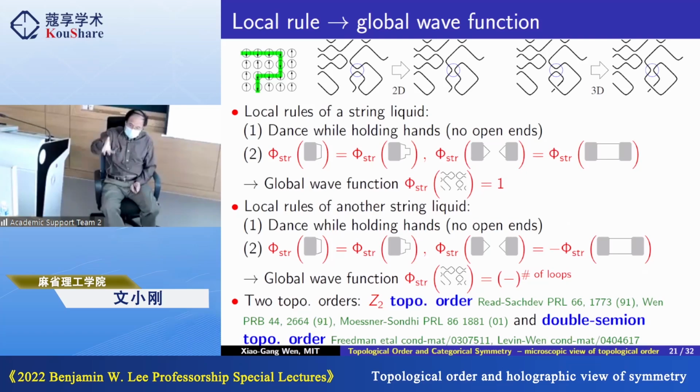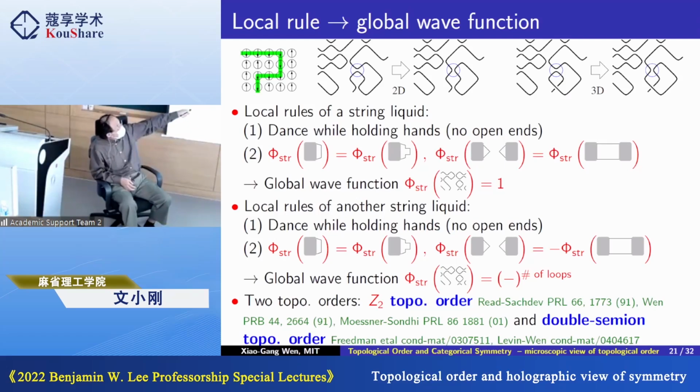This kind of fluctuation has no frustration, in the sense that when you reconnect, if you look at the picture, the number of strings changes by 1, either increasing or decreasing by 1, but it doesn't matter. In either case, we can change the sign. So you can apply this reconnection many times and still get a consistent solution.